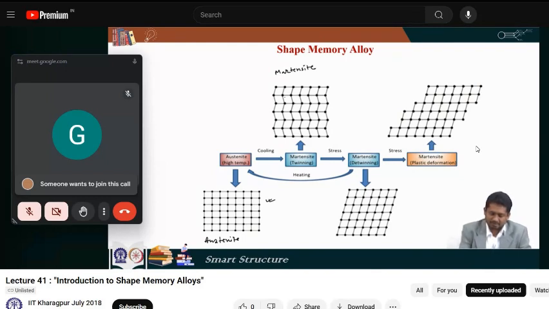Now if we compare these two diagrams, we can see that there is a microscopically small difference. This kind of structure is called a twinned structure, because if I take a line like this, with respect to this line, the upper part and lower part seem to be mirror images of each other, and this is called a twin boundary.